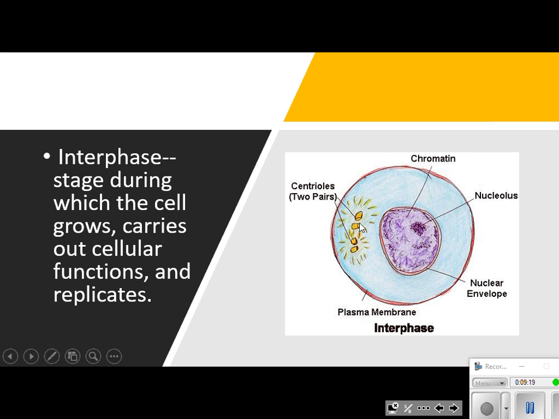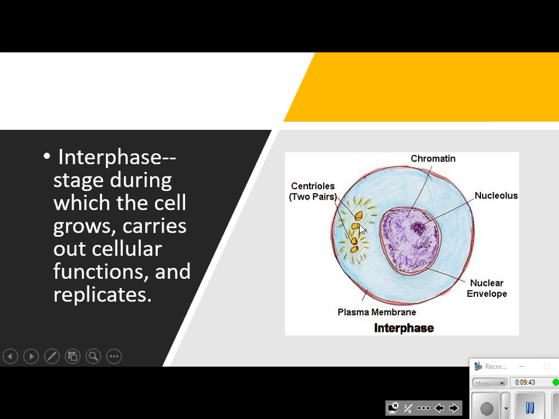Did we talk about centrioles when we talked about the cell? Okay, look back in your interactive notebook. Let's check to see. I don't remember doing that, but let's turn to those cell pages where we had all those diagrams. Okay, where all those diagrams were on the cells. Here we are.